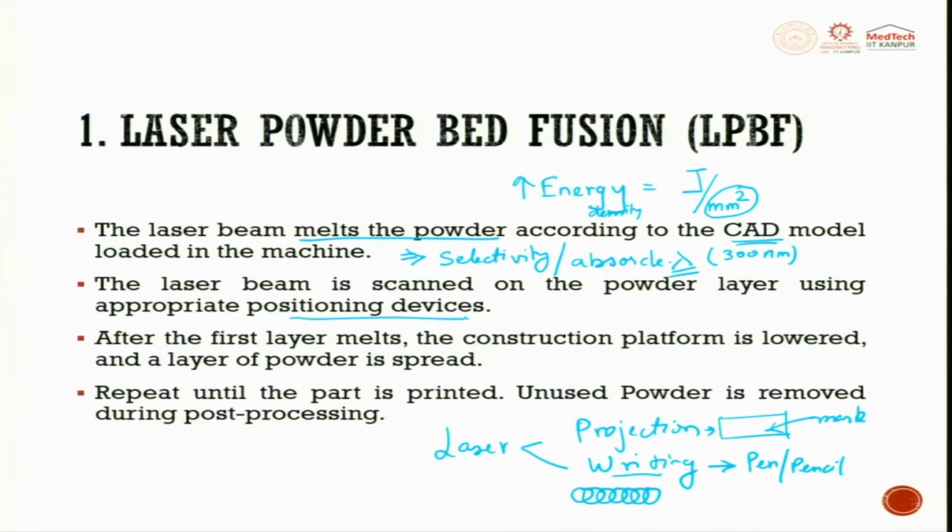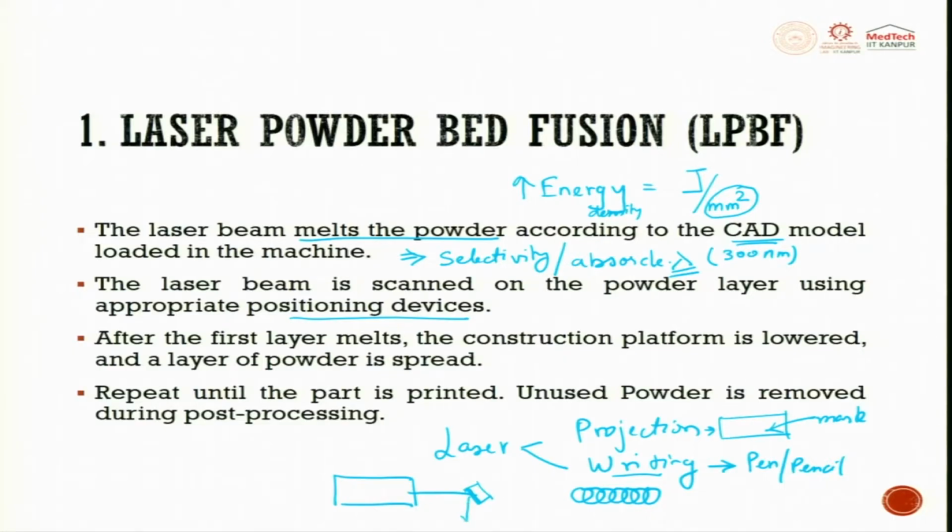Now, how do I move this spot? You can have the laser fixed or the bed fixed. If you keep the bed fixed, the laser moves, the laser writes. So, how does a laser write? The laser from the source is allowed to meet a positioning device, a mirror.